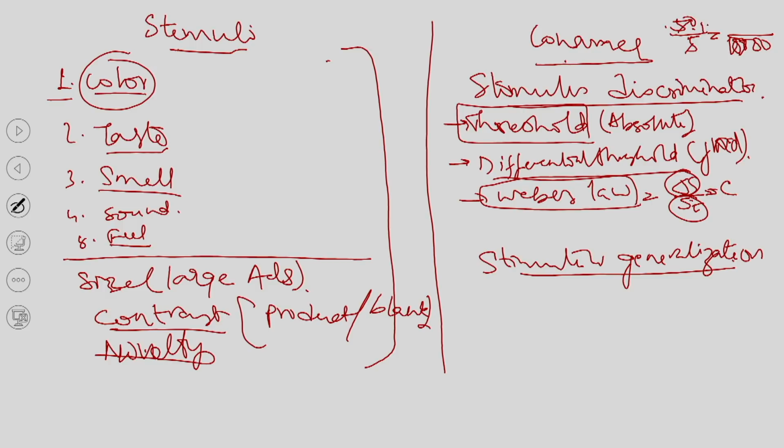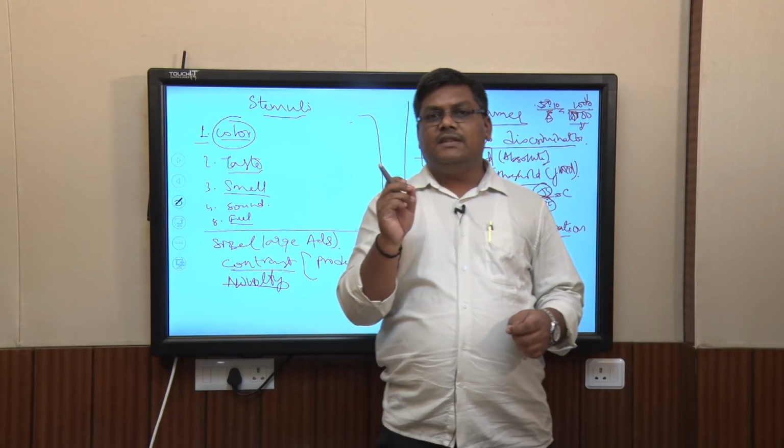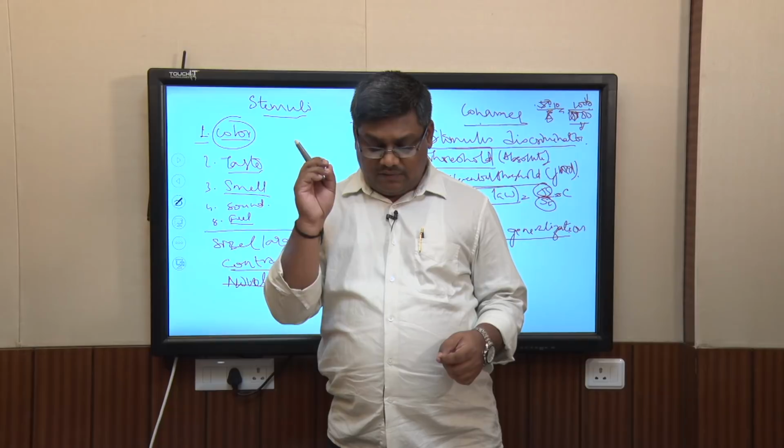So, it is 0.1%, and so this will be about 100 times, right. A 1000 rupees increase in a 1 lakh rupees product will be equivalent to a 50 paise increase in a 5 rupees chips. So, what he says is that this ratio has to be constant, and that is Weber's law.